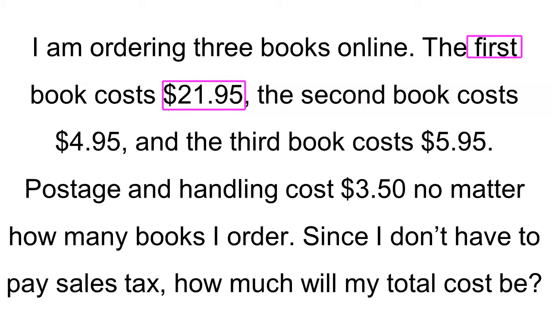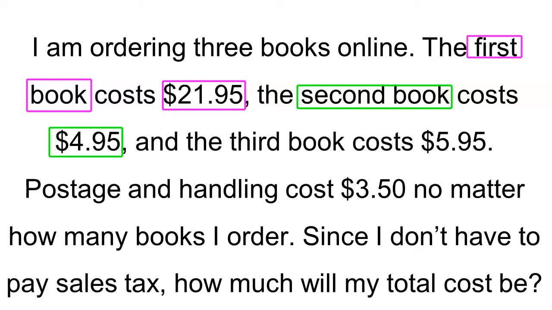So that is our first book. Then we have our second book, and our second book is going to cost us $4.95. And then our third book is going to cost us $5.95.